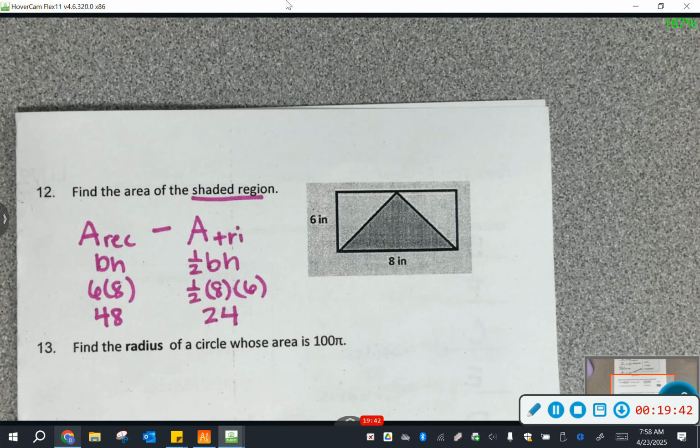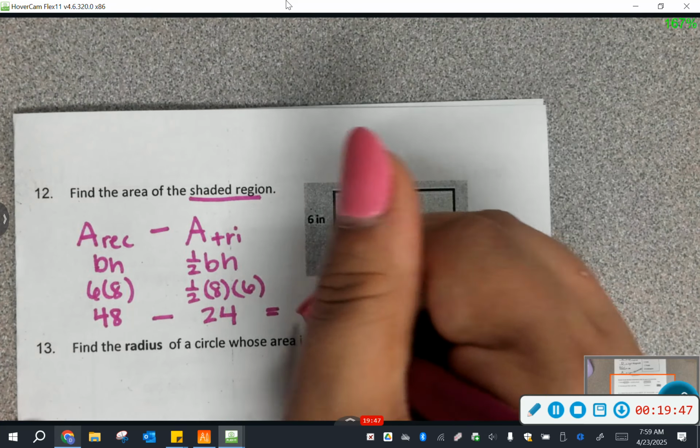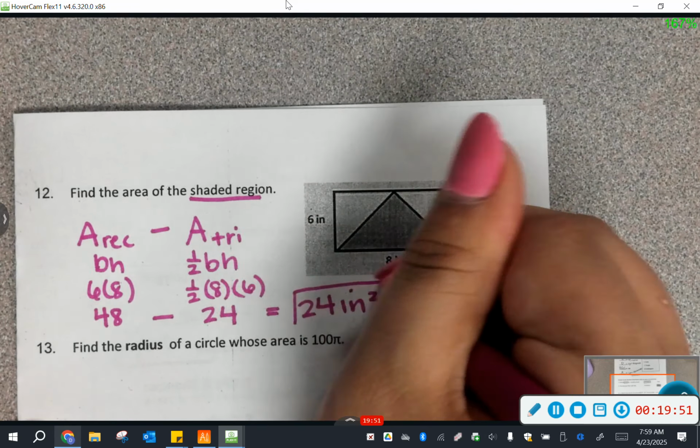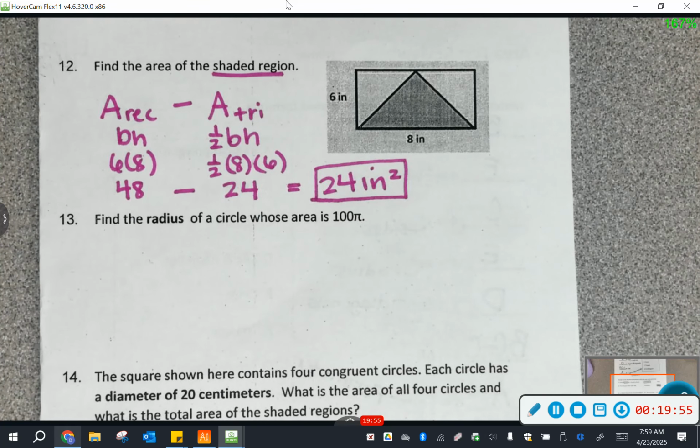And what do I do to these two numbers? Subtract. What is 48 minus 24? So this is 24 inches squared. I know I kind of did that quick, but find the area of each and subtract.